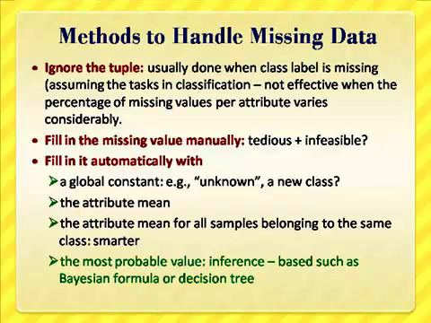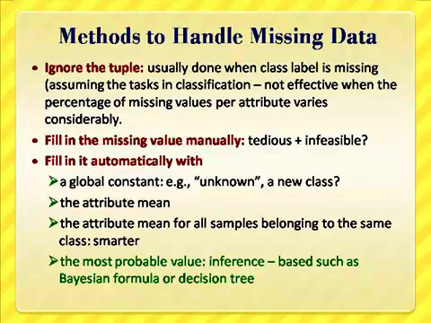Another method is to use the attribute mean for all samples belonging to the same class, which is a very clever approach. We use the average attribute mean value of all samples belonging to the same class as the given tuple. For example, when we classify the customers according to credit risk, replace the missing value with the average income value for customers in the same credit risk category as that of the given tuple.